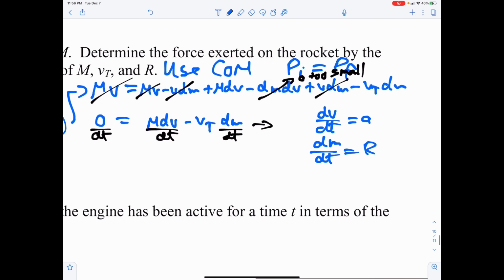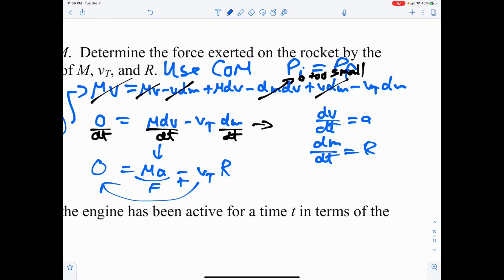So this boils down to ma minus vt times R. But ma is your force. So if I add this to the other side, your force would just be equal to vtR, because remember, all I did was substitute force for ma.